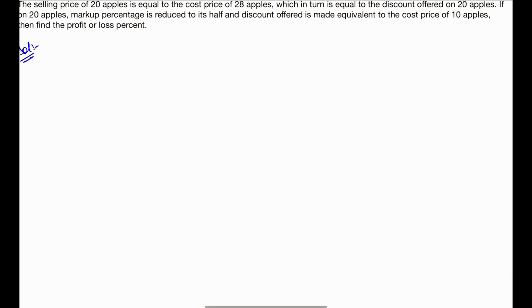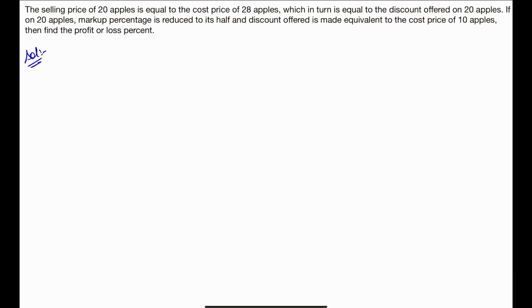So selling price of 20 apples, so selling price of one apple is rupees s, so selling price of 20 apples will be 20s, equal to the cost price of 28 apples, 28c, which in turn is equal to the discount offered on the 20 apples. So equal to discount on 20 apples.